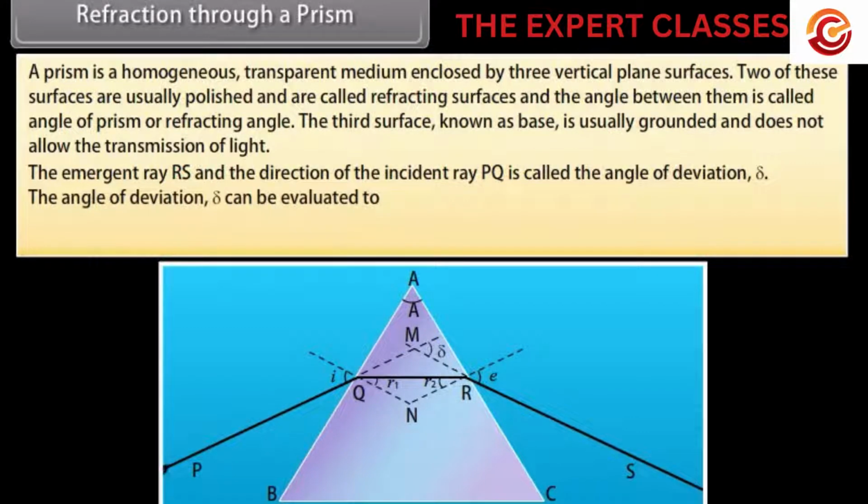The angle of deviation delta can be evaluated as delta is equal to I plus E minus A.